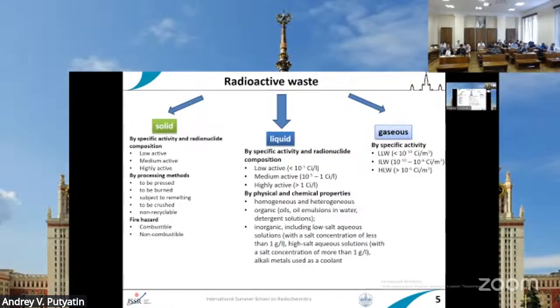For solid waste, for example, it is pressing, cutting, are they flammable or not? Can they be burned or not? Can they be crushed or not, etc. For liquid waste, it's not only specific activity, but also whether they are homogeneous or heterogeneous.